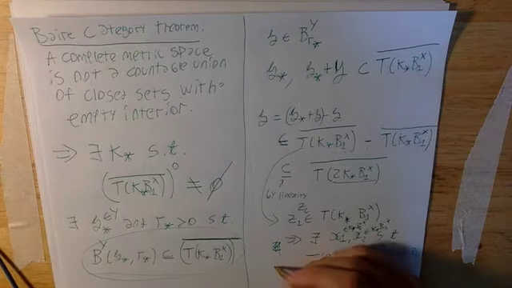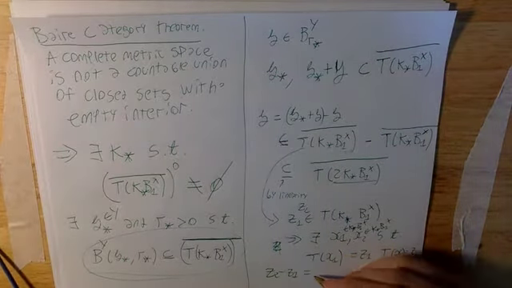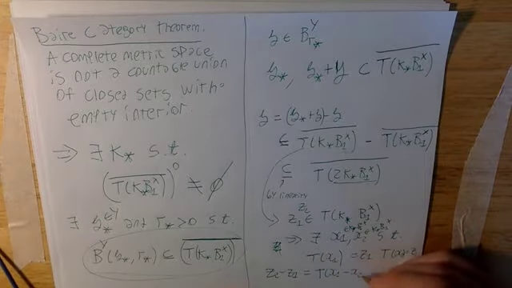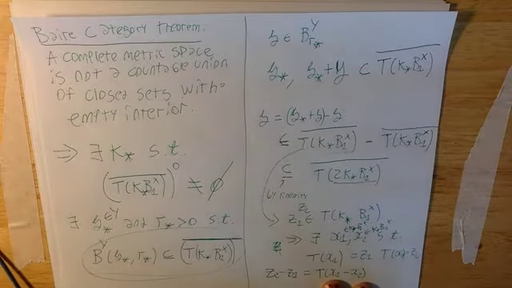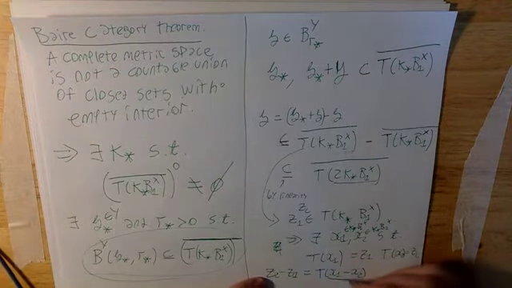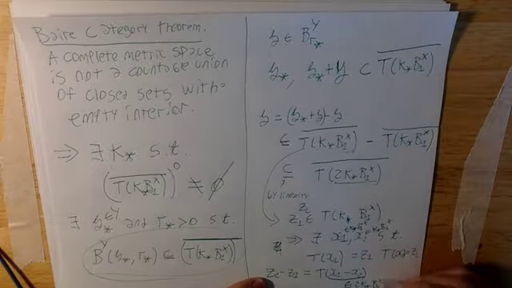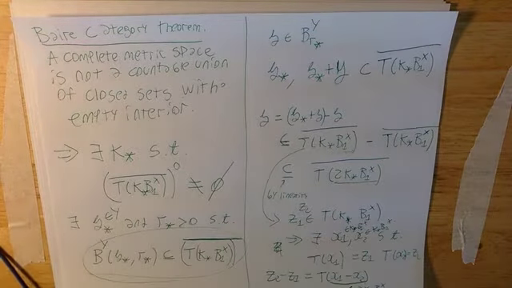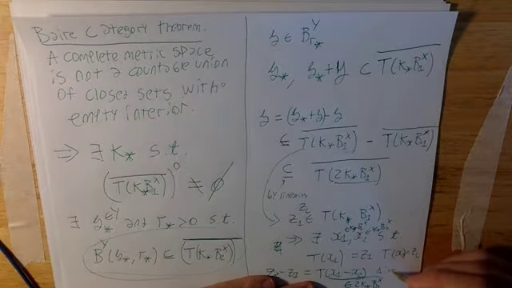But in particular, if we take Z2 minus Z1, this is equal to T of X1 minus X2, then by linearity this is T applied to the difference. But this will always be in 2k star B1 of X, and this is just by the triangle inequality.